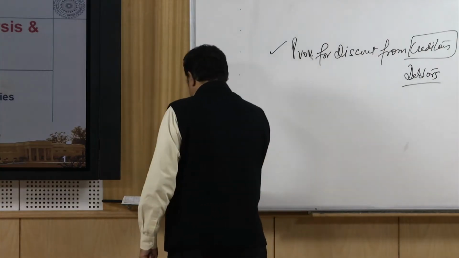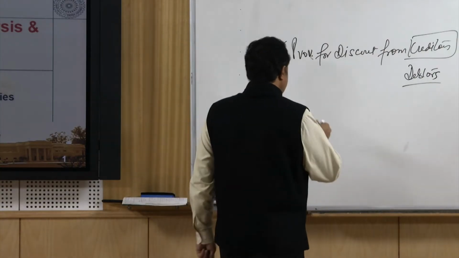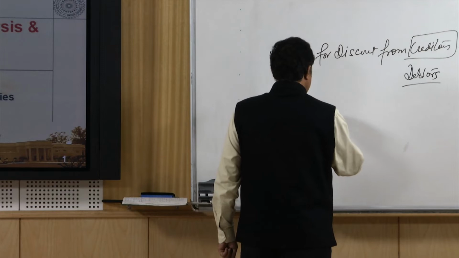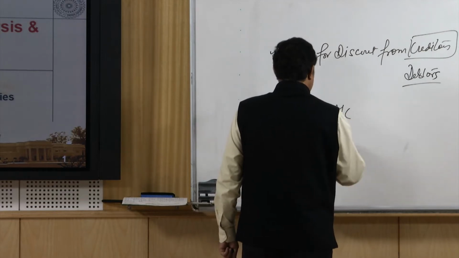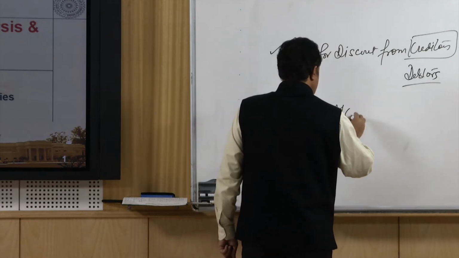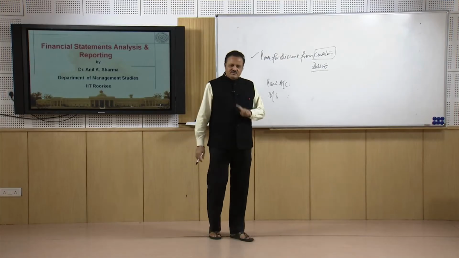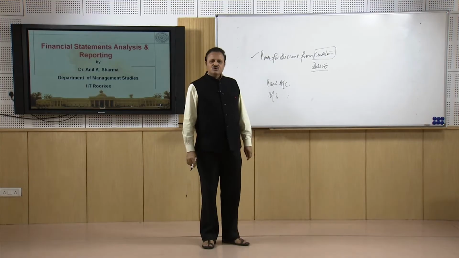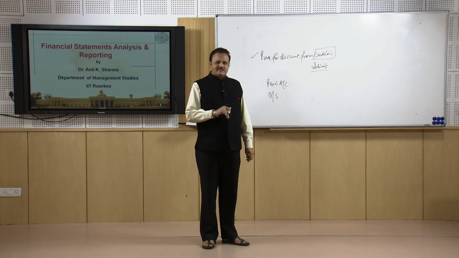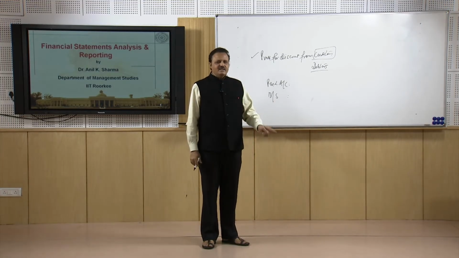The first effect will be in the profit and loss account, and the second is the balance sheet. First effect, profit and loss account: when the discount provision to the debtors was made, we debited the profit and loss account because that was a future or expected loss, right.